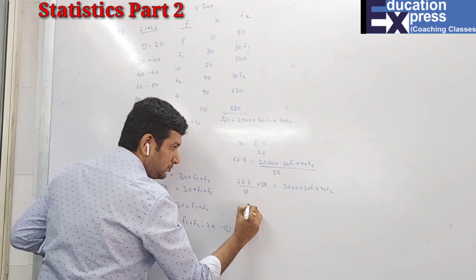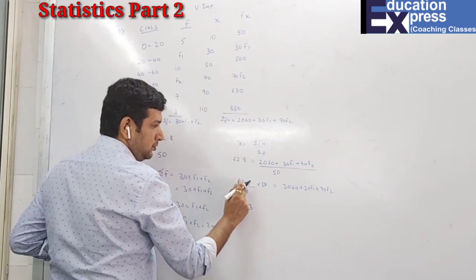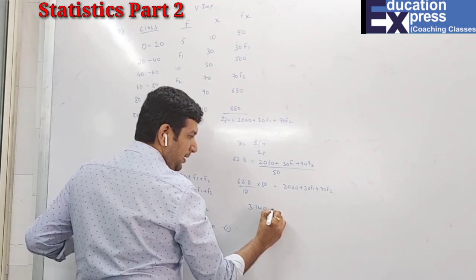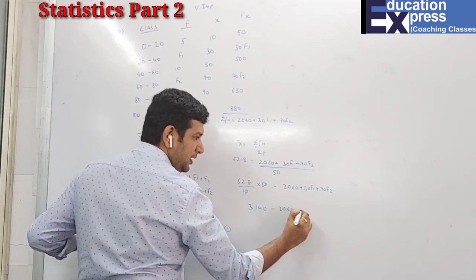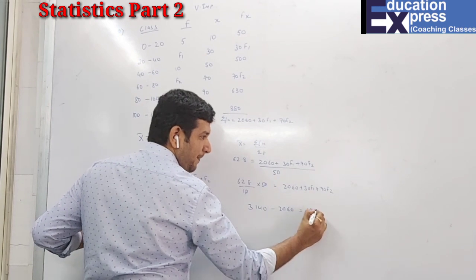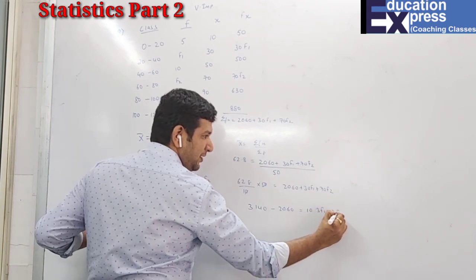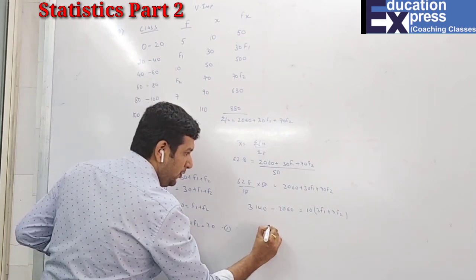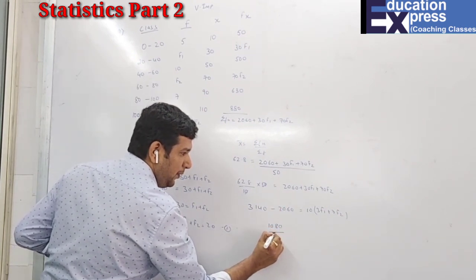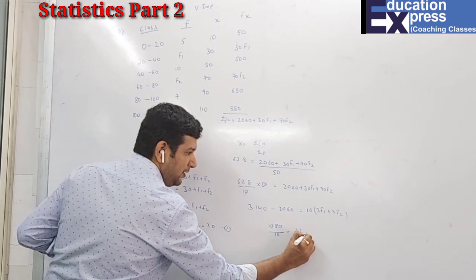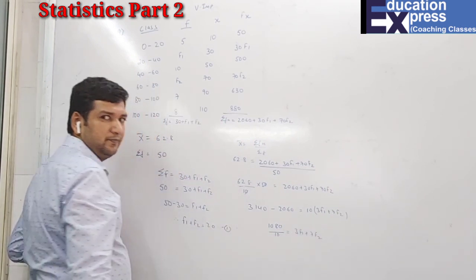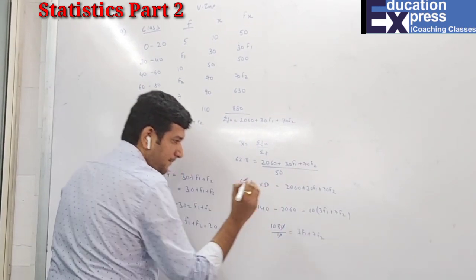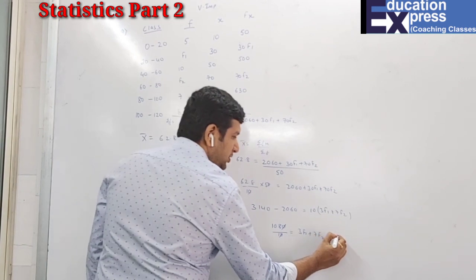So 3140 minus 2060 equals, taking 10 as common, 3f1 plus 7f2. Subtracting, I get 1080 upon 10 is 3f1 plus 7f2. So equation 2 is also available.